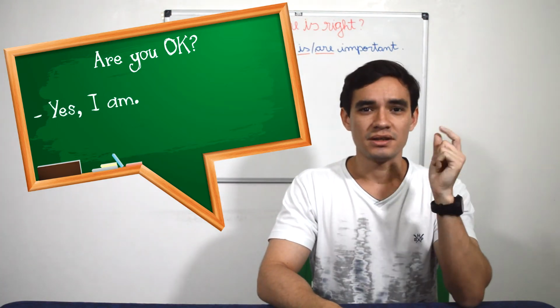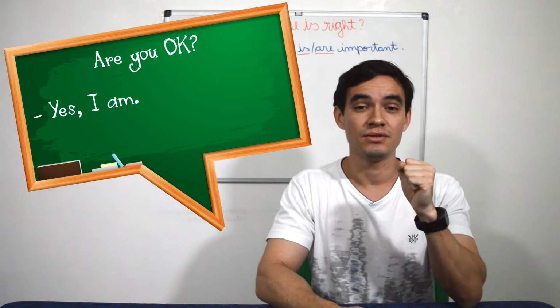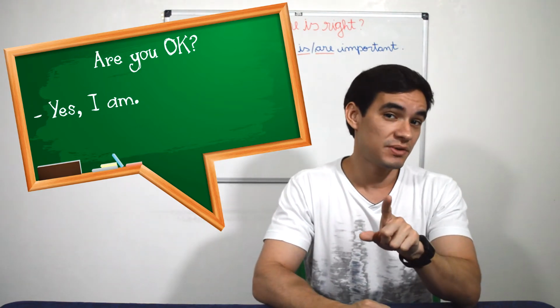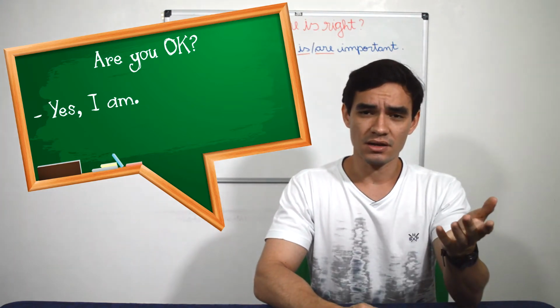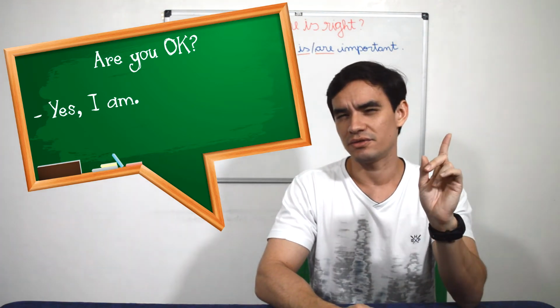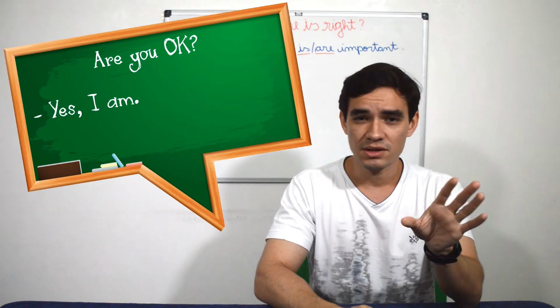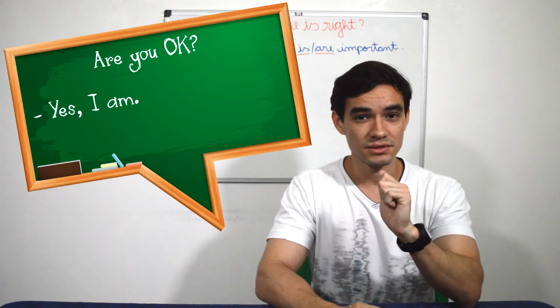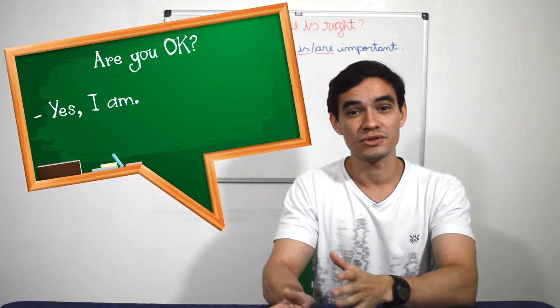Very important. In the affirmative short answers, you do not contract the auxiliary verb, nor the verb to be. Until now, we've only seen the auxiliary verb do, which cannot be contracted in the affirmatives. But remember, you don't contract the verb in the affirmative short answers.